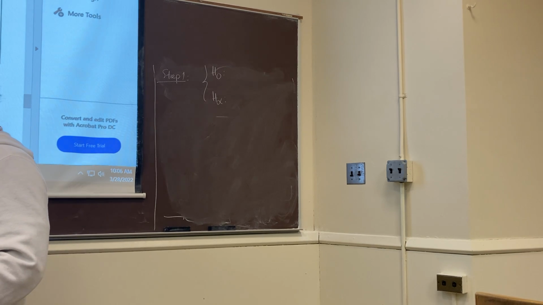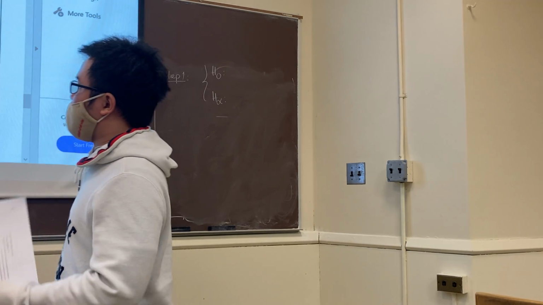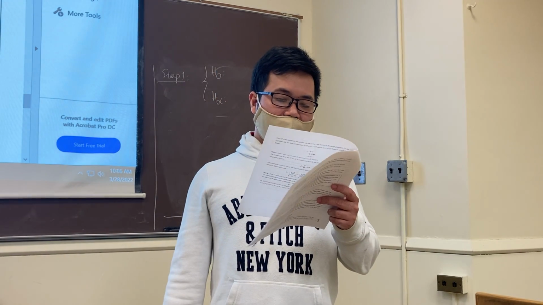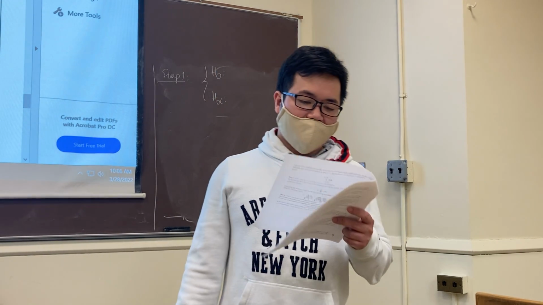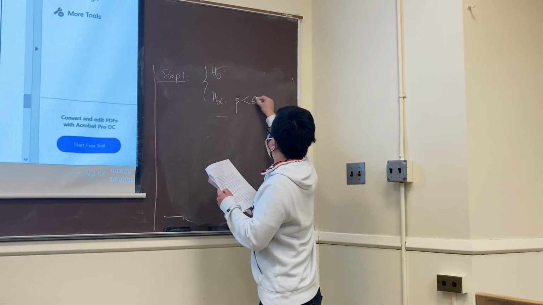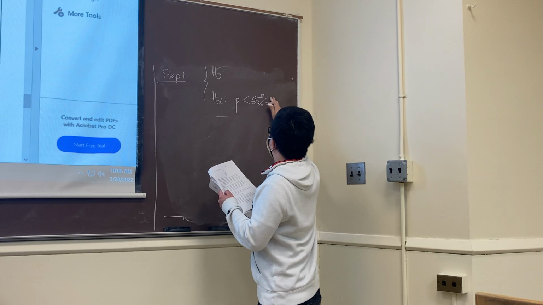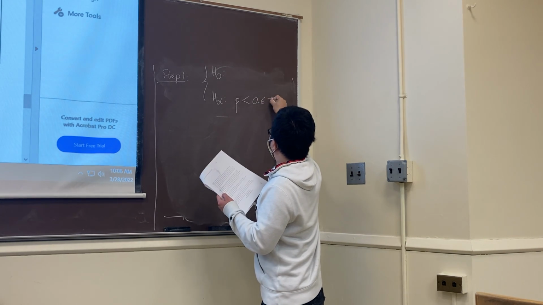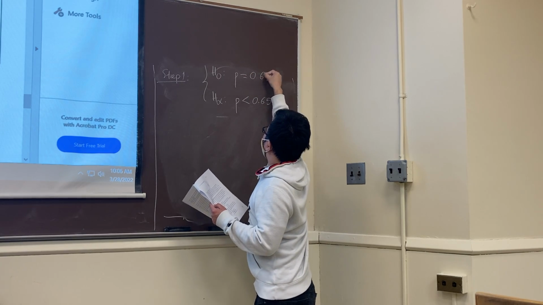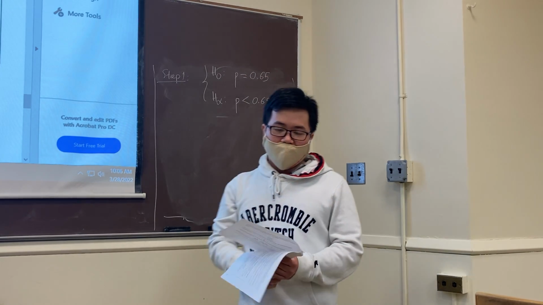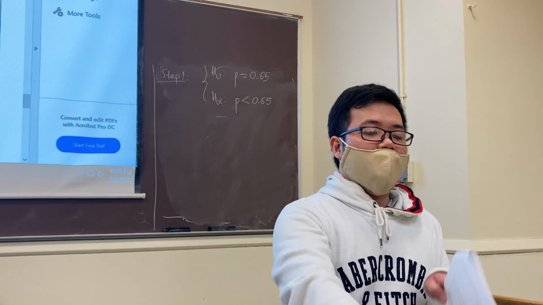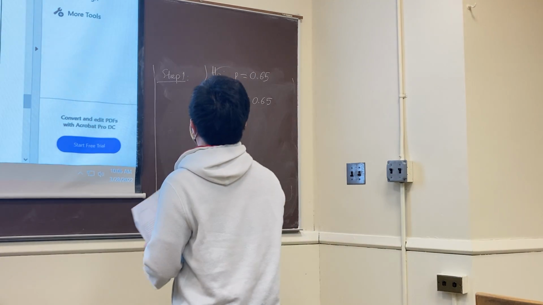Could you tell me what is the alternative hypothesis in this example? Maria again. It would be less than 65%. Exactly. P is less than 65%, or we can write 0.65. And of course, the null hypothesis is p equals 0.65. That is step 1.